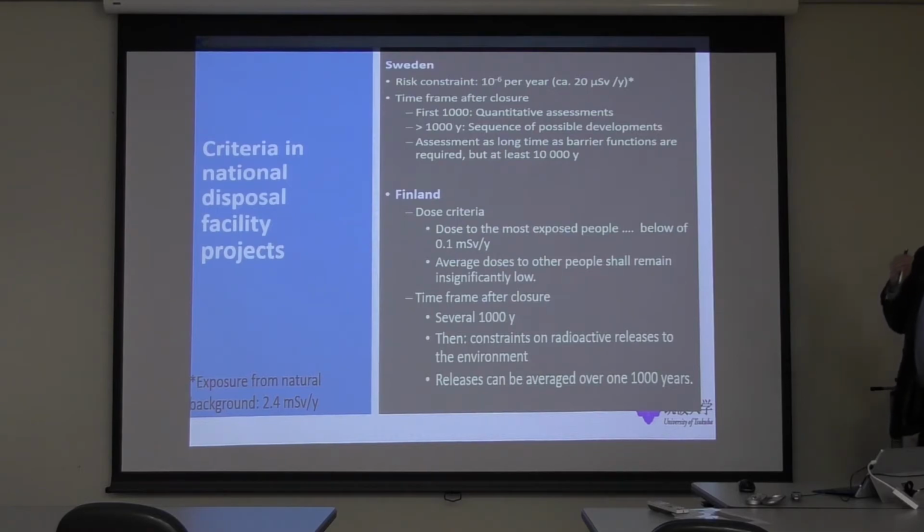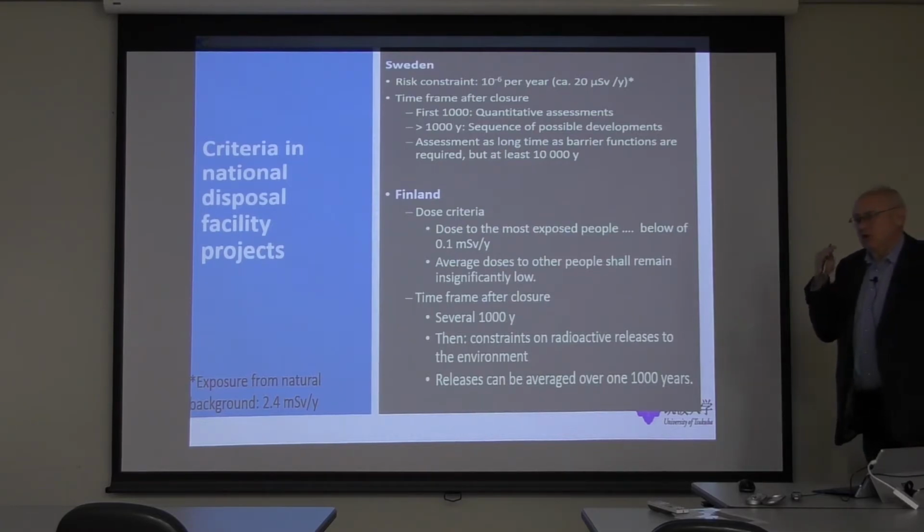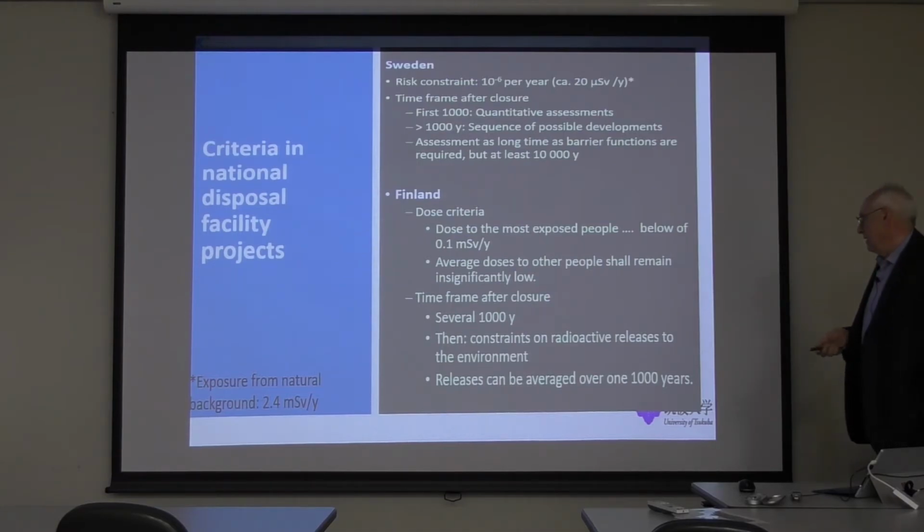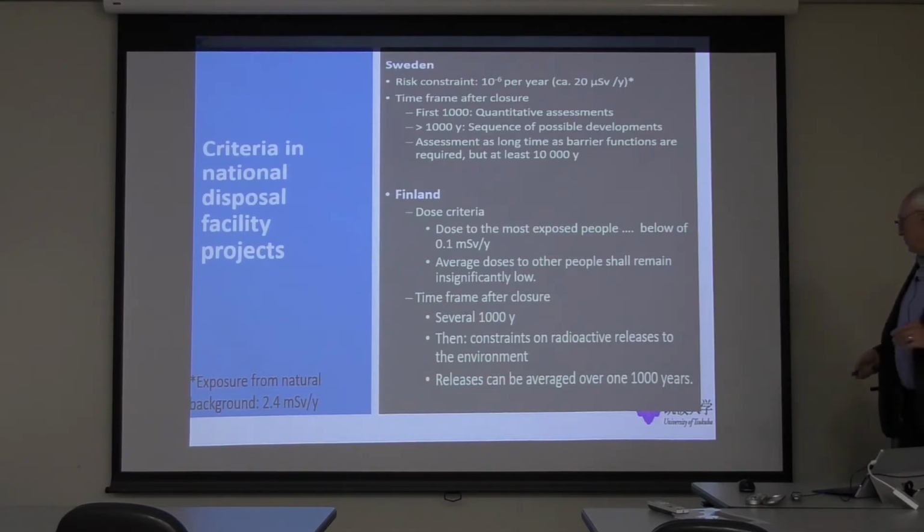And then Finland said there are no longer detailed dose assessments necessary, but they give a constraint on the radioactive release to the environment. And these releases, because these are very long-term processes, could be averaged over 1,000 years.